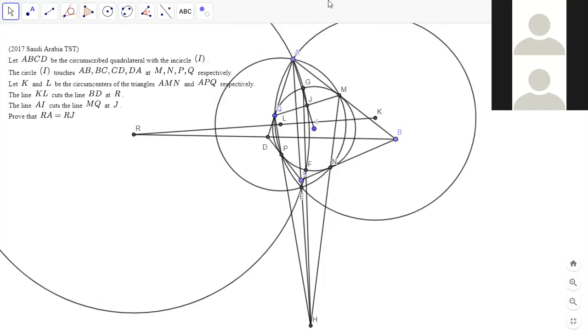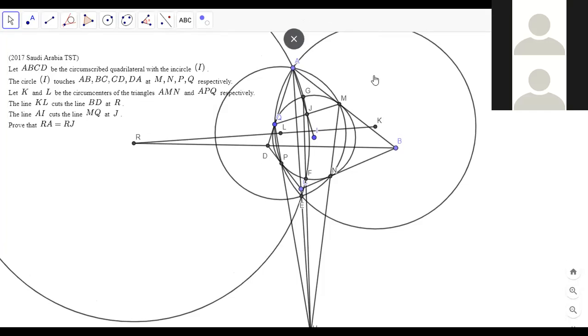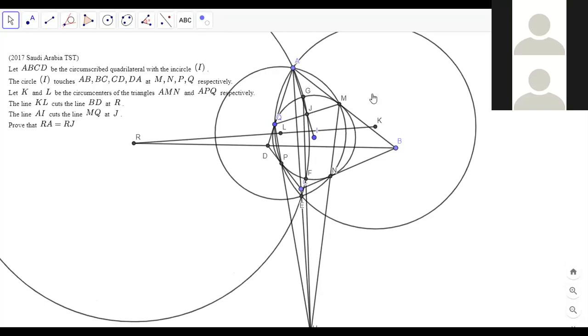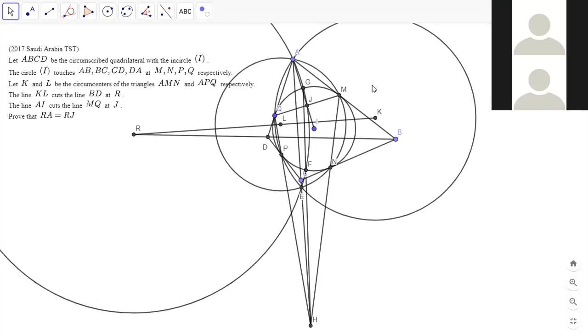All right. Let's see the chat. The Apollonius circle and circumcircle are orthogonal. That's. See who's on.